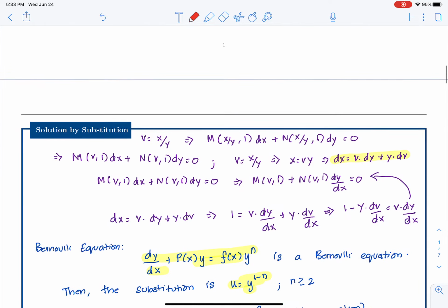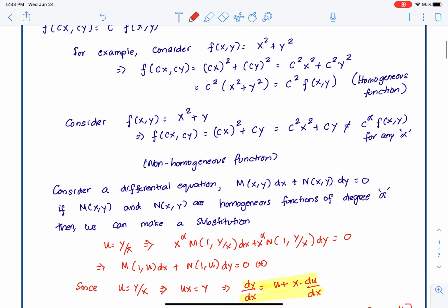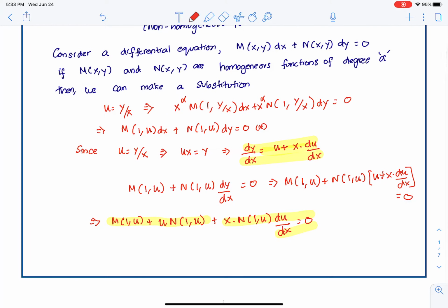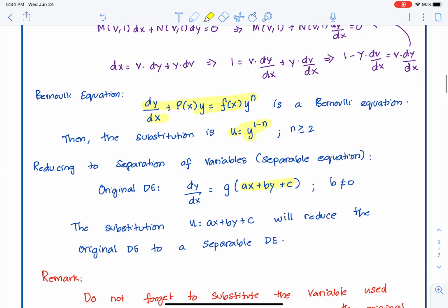So let's go back to the very first case where we converted a homogeneous equation. We used the substitution u equals y over x. We changed the equation to a different form, and that form is right over here, and we are going to use that to obtain our solution, and that solution would be in terms of u and x. So we have to go back and resubstitute u to get the correct answer in terms of y and x. Same with Bernoulli.